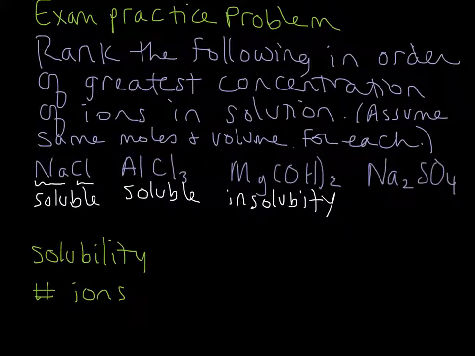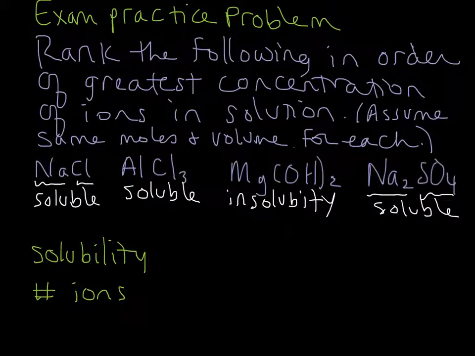And we also know that all compounds containing alkali metals, so sodium plus, are soluble. We could also check the sulfate category on our solubility table, and we would find that sulfates are insoluble or soluble depending on what they're complexed with. Either way we would find that sodium sulfate is soluble. So that's the first step.